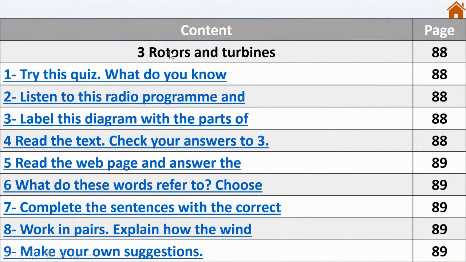Okay, now we're going to go to lesson 3. It will be about rotors and turbines. A rotor is a device that rotates in order to produce force or power.